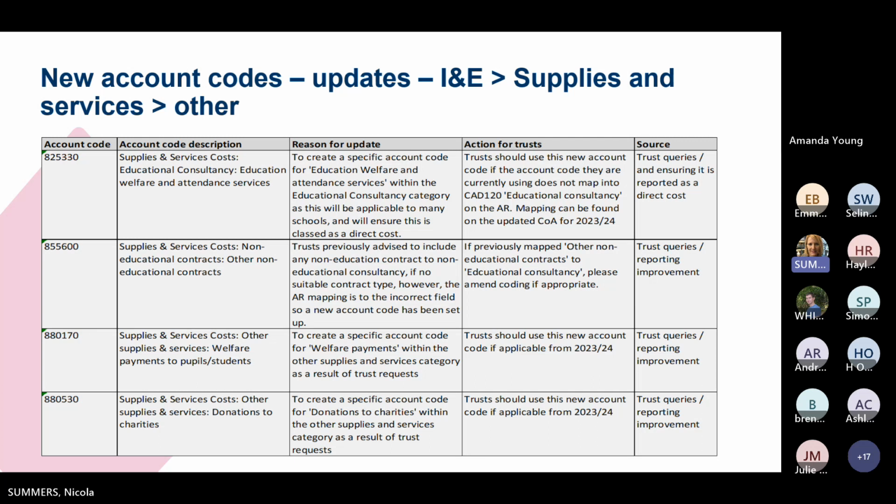Often we can manage slight differences within other codes by setting up your own local account code underneath one of the DFE ones. But if there isn't anything similar that maps to the correct places in the accounts return and the BFR, then we would definitely look to set up a new account code.